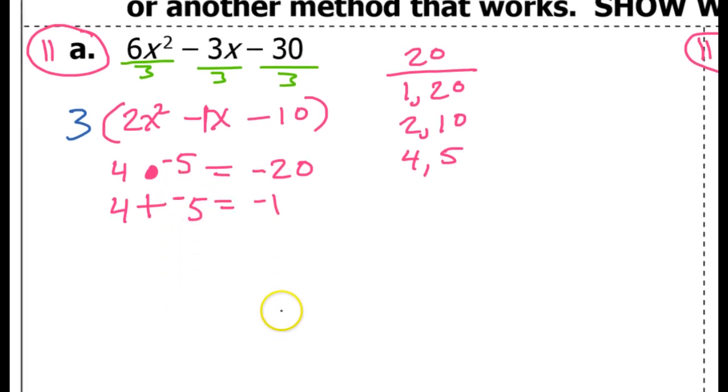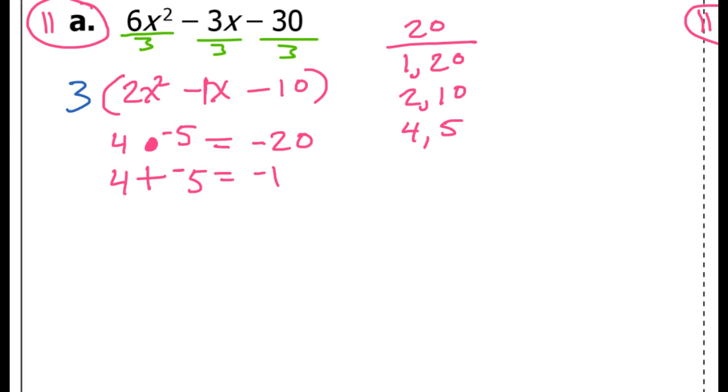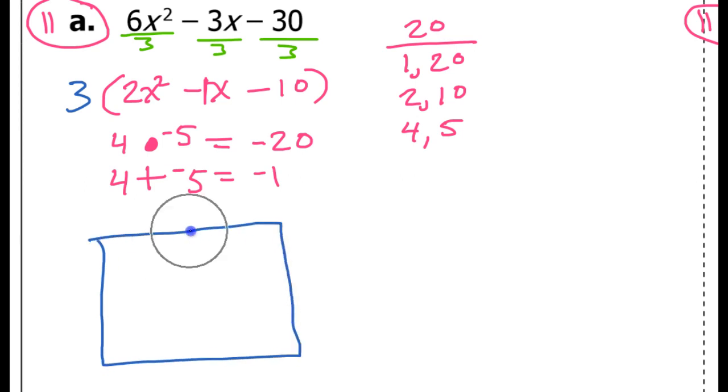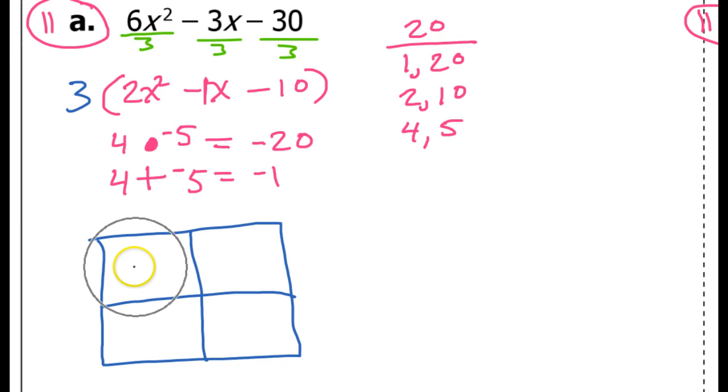So we can go ahead and do the box method. We can make the box now. Okay, so the box is going to be just like this. Alright, in the first square, we will put the first term, 2x squared.